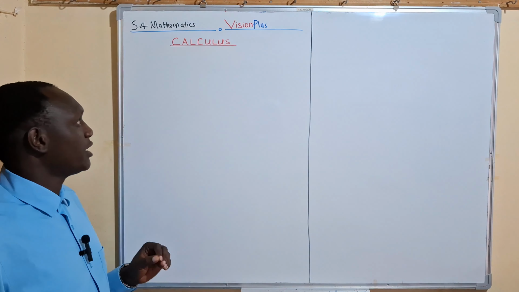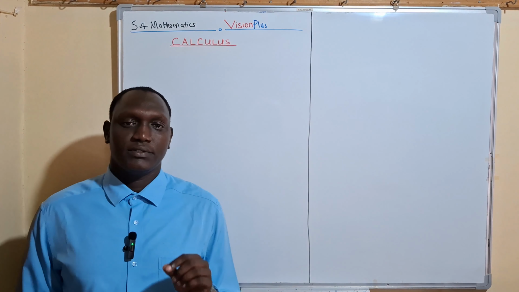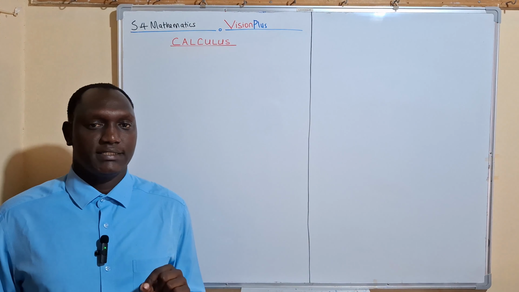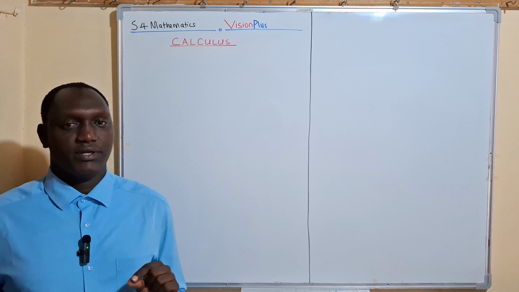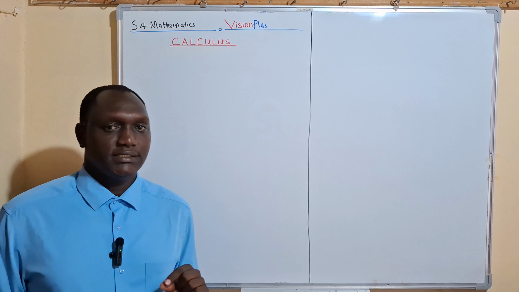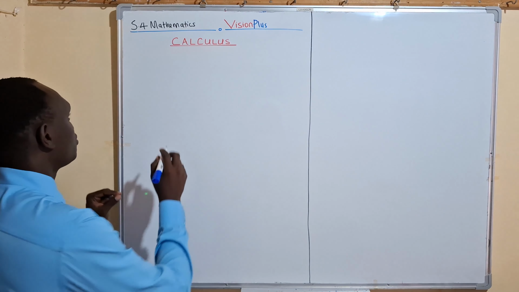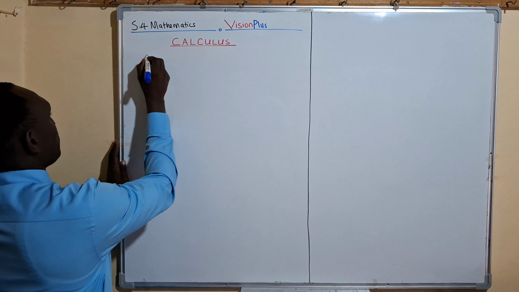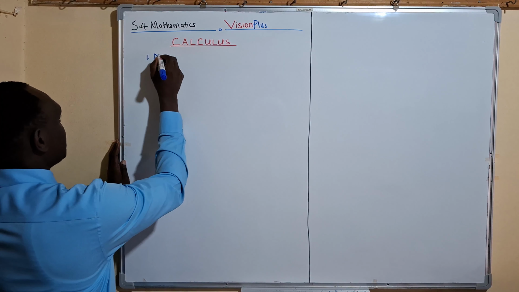Today we are going to look at one of the fundamentals of mathematics, and that is the calculus. Under calculus, we look at two main concepts. One, we look at differentiation.